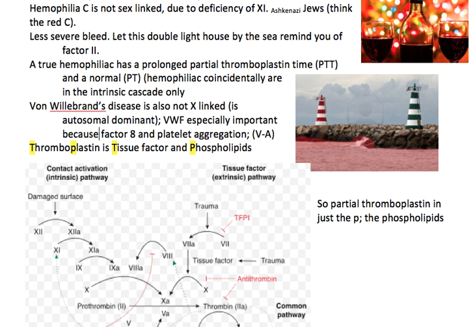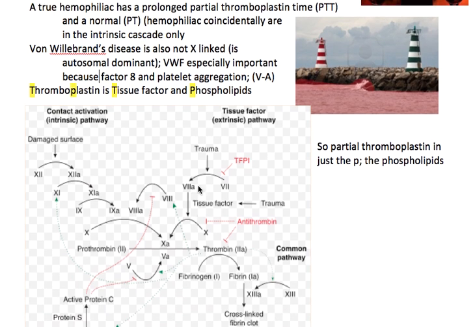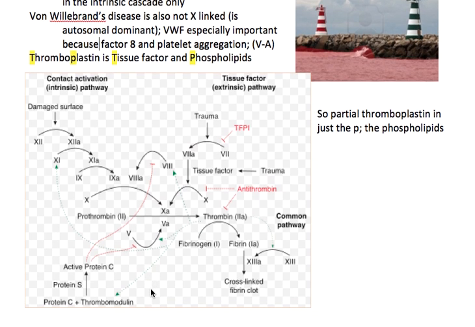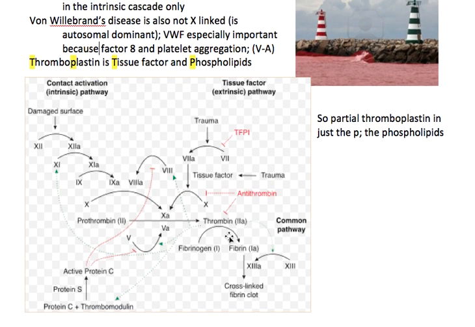So it is both important to this cascade and also important to the activation of platelets, so they participate in this fibrin platelet clotting mechanism. And so von Willebrand's disease is going to be a defect in these von Willebrand factors.